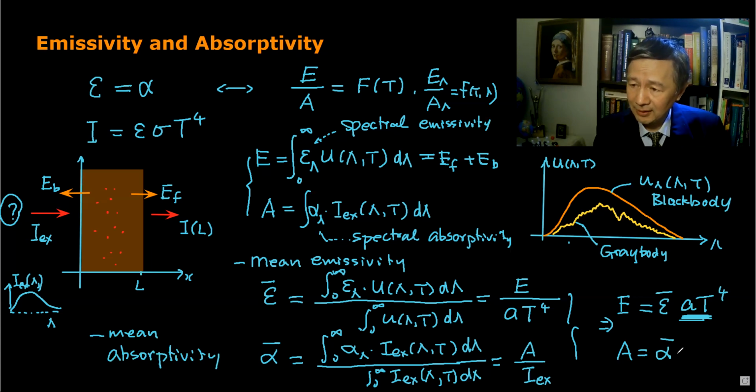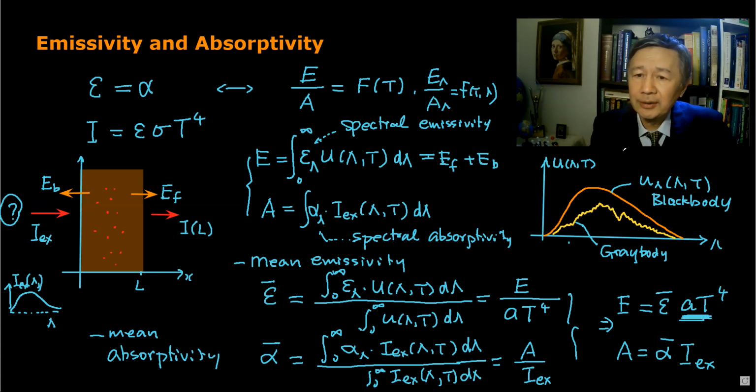Let's simplify this result first. That would be equal to the mean absorptivity multiplied by the intensity of external radiation, and this is very close, not exactly equal, to the black body radiation. I will check why this is A here.